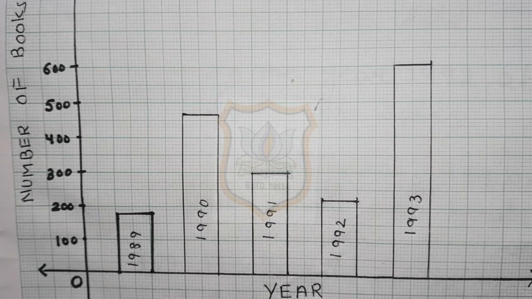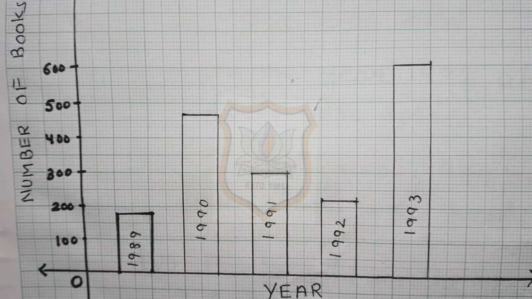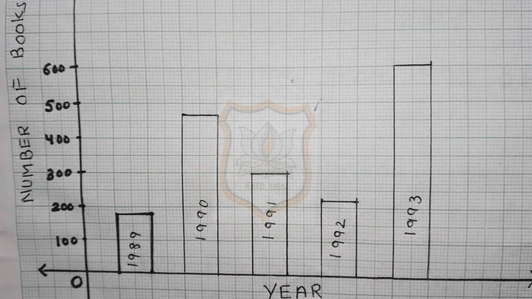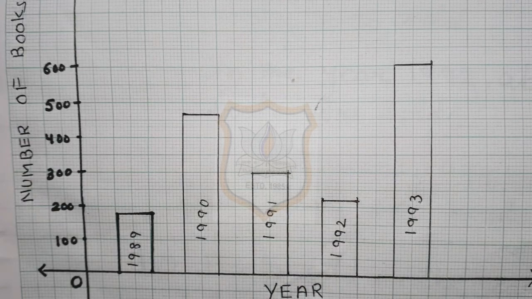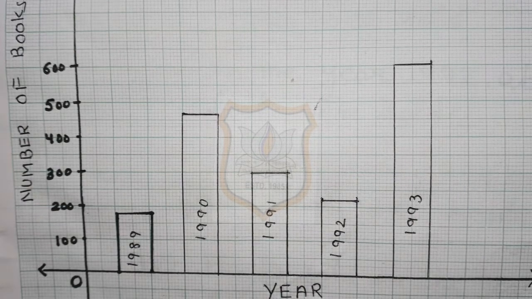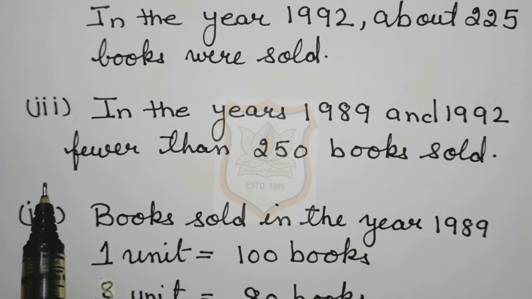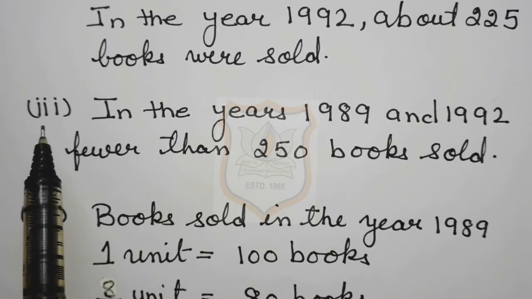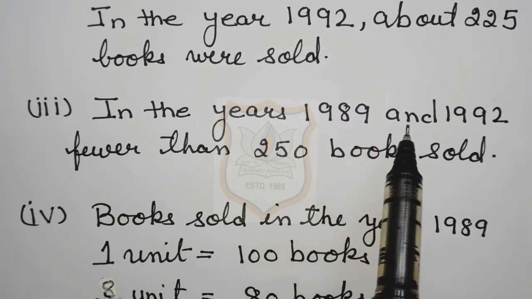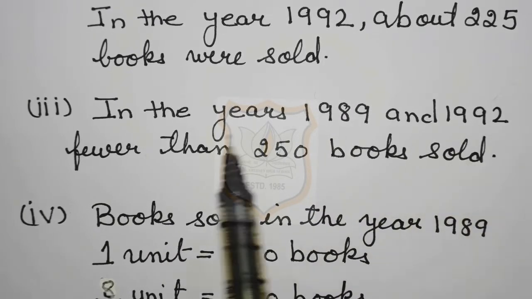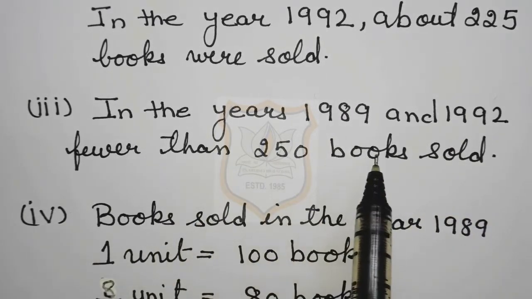We have calculated this in part first of question number 2. So we can say that in 1989 and in 1992, fewer than 250 books were sold. Now you have to write the answer of part 3 in your notebook, like in the year 1989 and 1992, fewer than 250 books were sold.